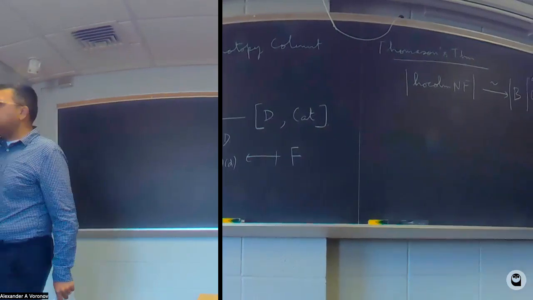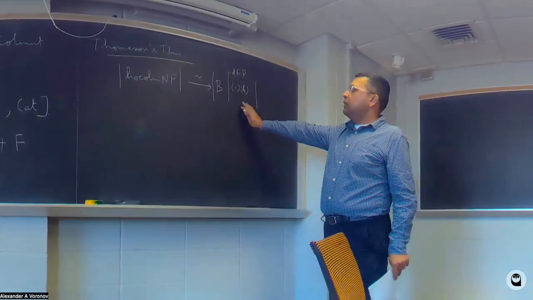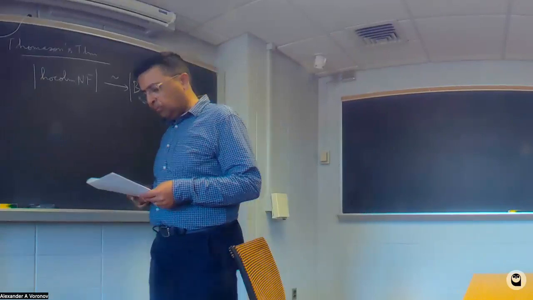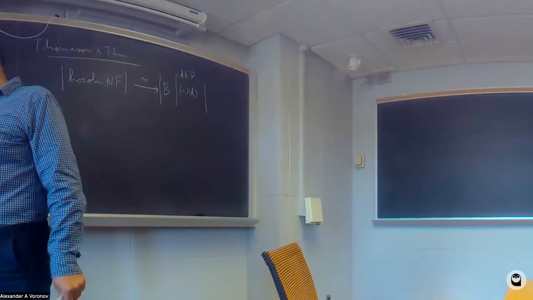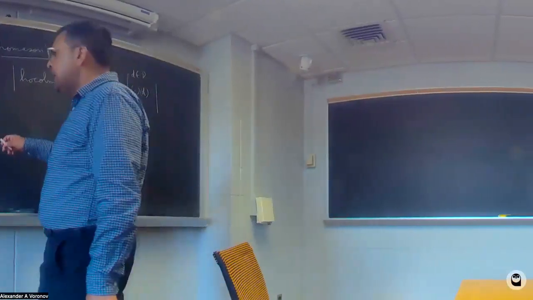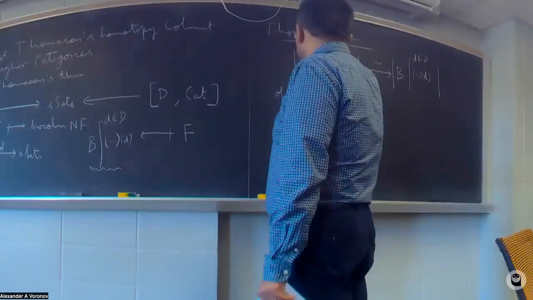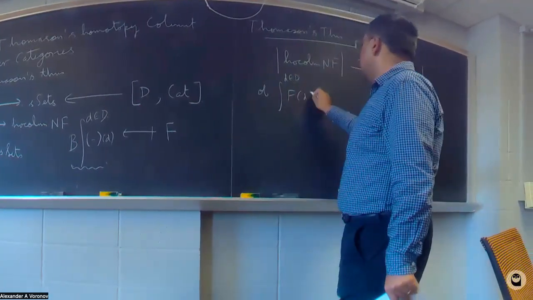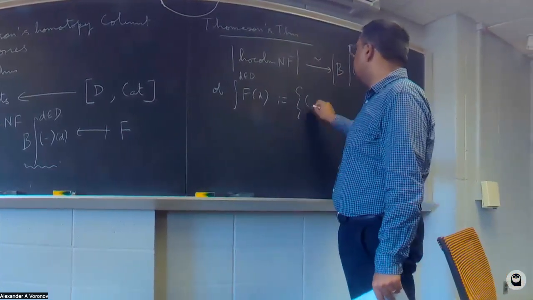Okay, so this is an equivalence, a homotopy equivalence in topological spaces. Now, we have this category here. It'll be good to recall the definition of this Grothendieck construction. Now, the objects of the Grothendieck construction of F, this is the set of pairs.